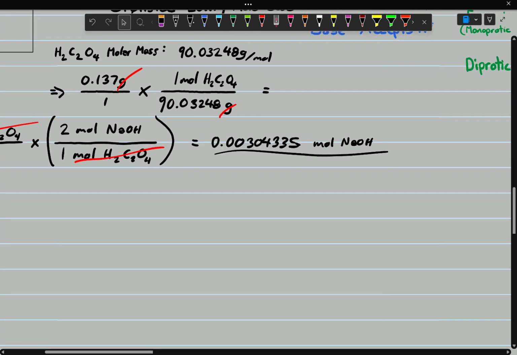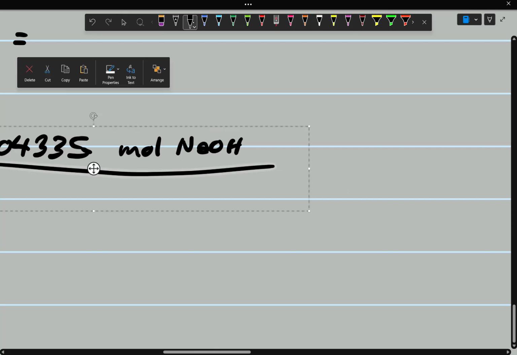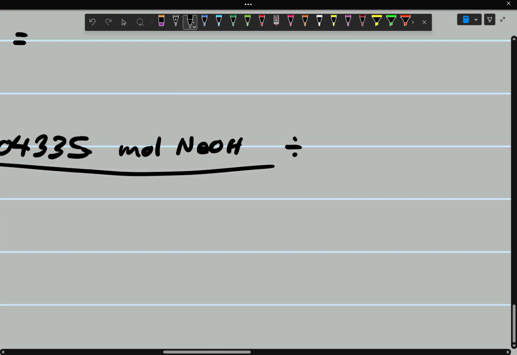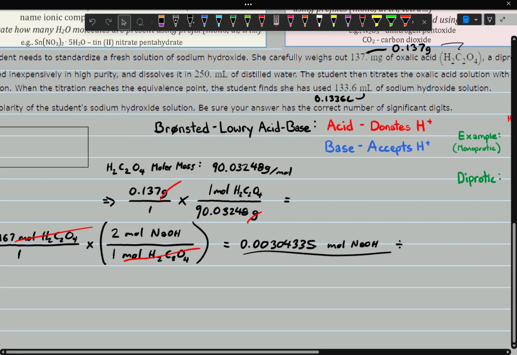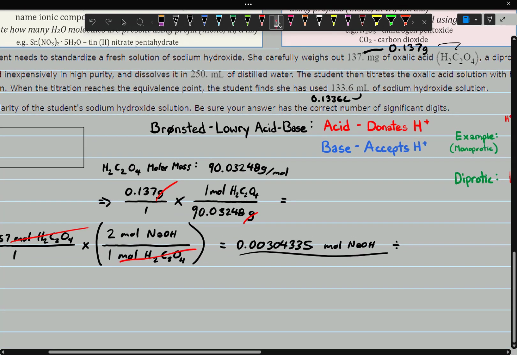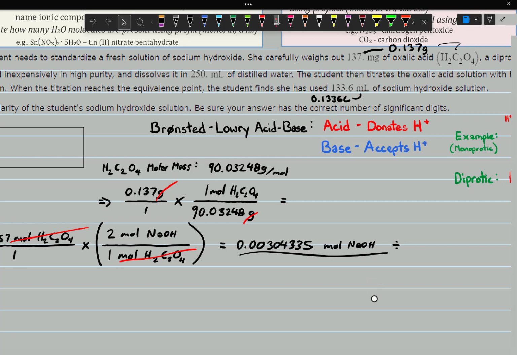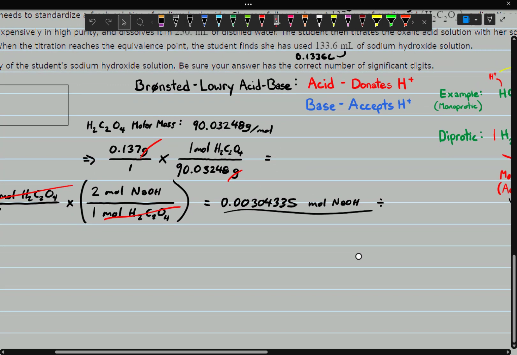So if we're looking for molarity, all we need to do is divide this number by however many liters we have. If we go back, we see that 133.6 milliliters of sodium hydroxide was used in this titration.